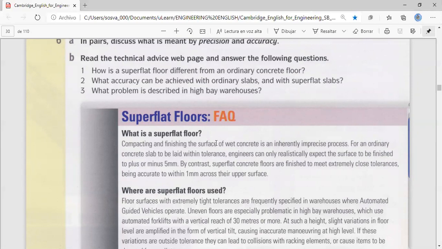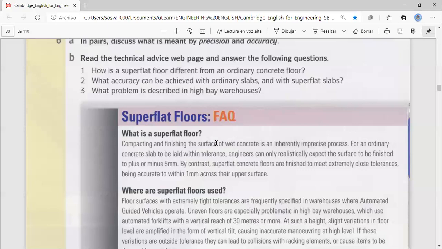Number 1, how is a superflat floor different from an ordinary concrete floor? Number 2, what accuracy can be achieved with ordinary slabs and with superflat slabs? Okay. Number 3, what problem is described in high-bay warehouses?